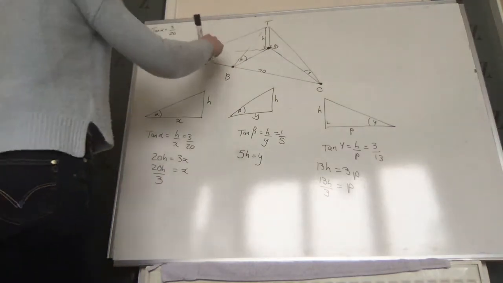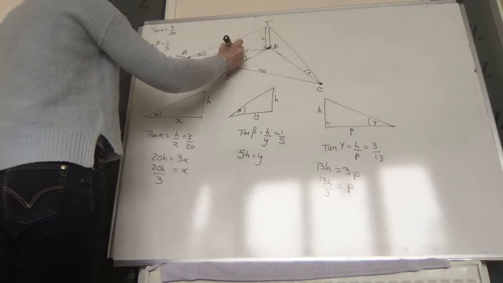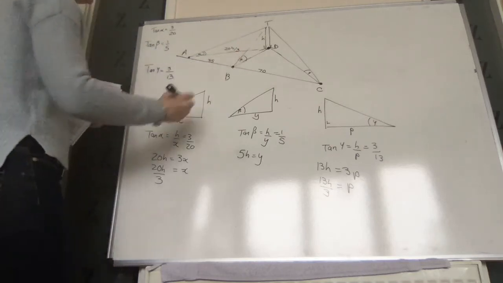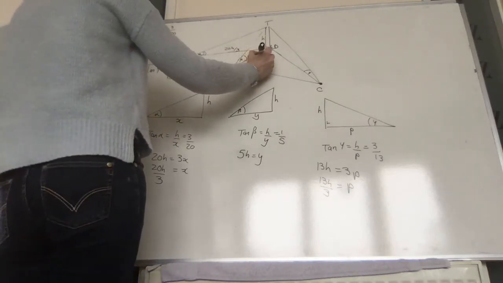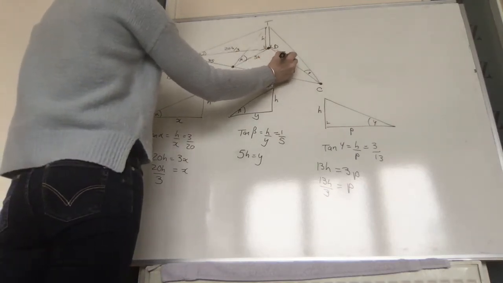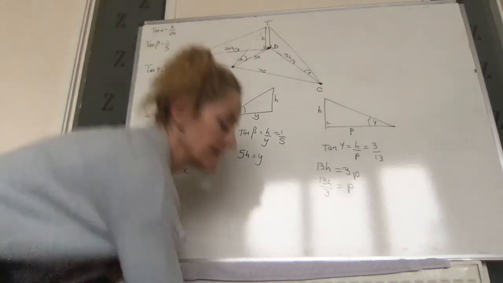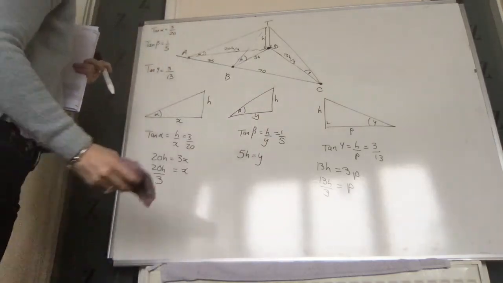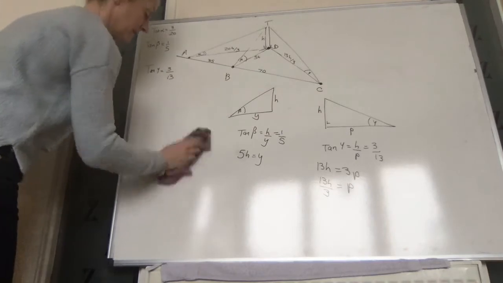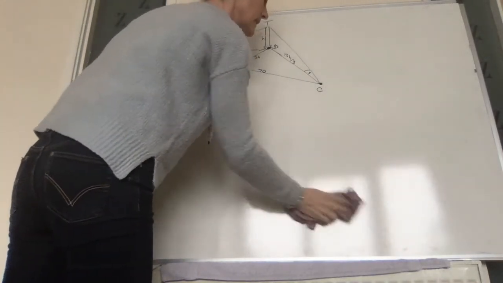Okay, so that's telling us that this distance x is 20h/3. This is 5h from here to here, and this is 13h/3. Now, to be honest, guys, that should have been no problem. I understand though time was probably an issue for a lot of you at that stage. Hopefully you'll understand that there.